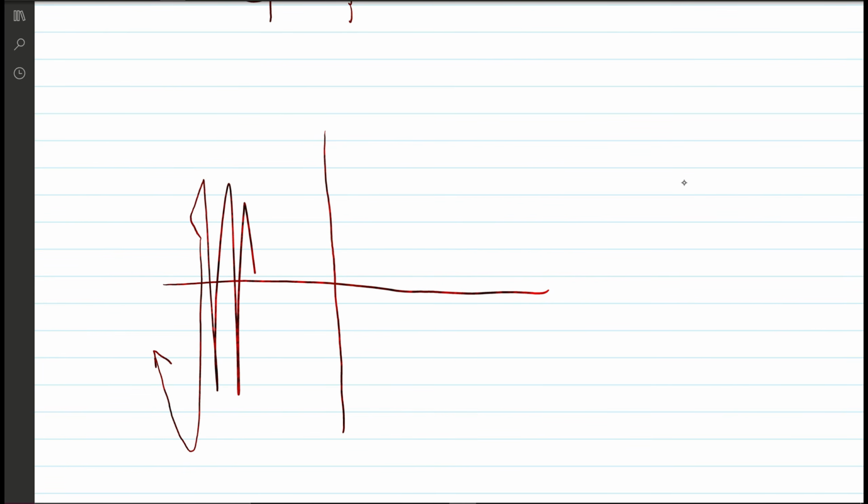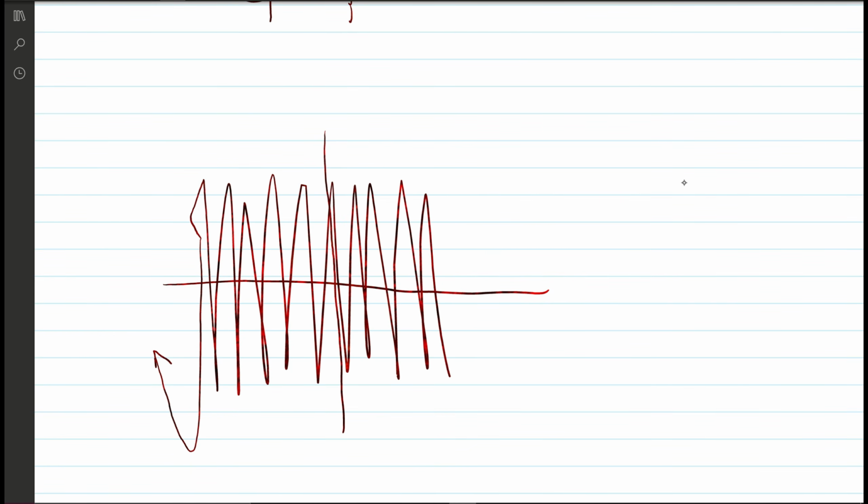All right, so another situation, and this might be rough for me to sketch. It's just going a little crazy right there. So it's oscillating infinitely. This is a rare case.